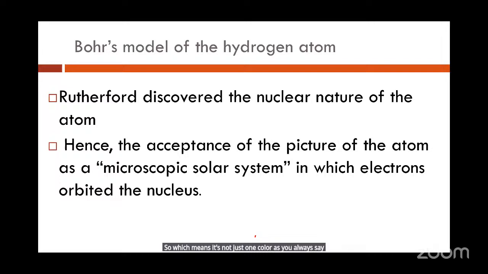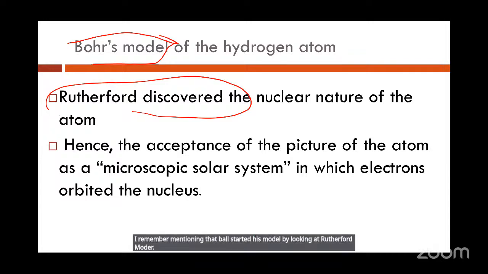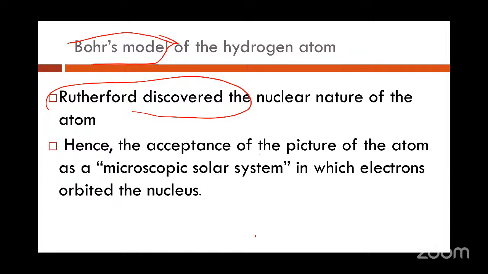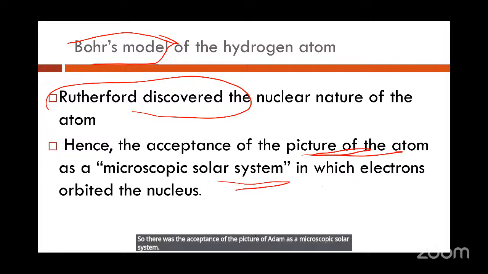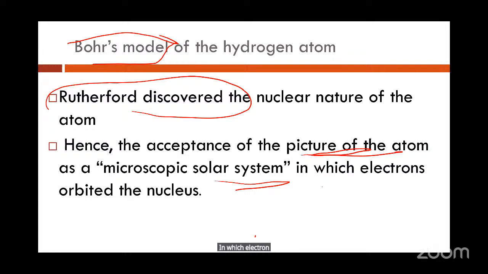Now, I've discussed Bohr's model of the atom. And I remember mentioning that Bohr started his model by looking at the Rutherford model. So there was the acceptance of the picture of the atom as a microscopic solar system in which electrons move around the nucleus.